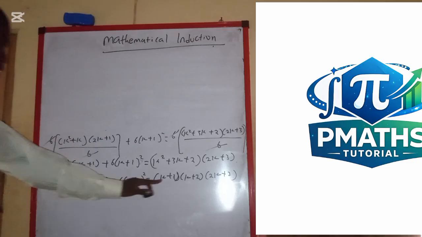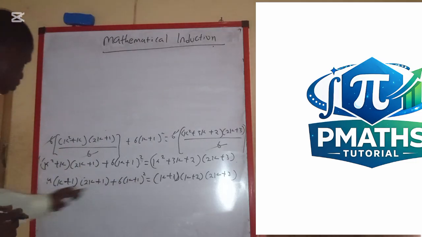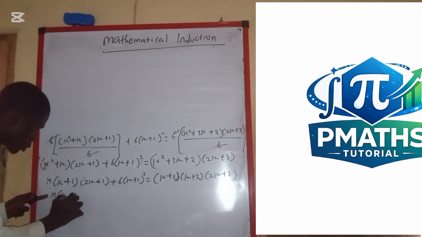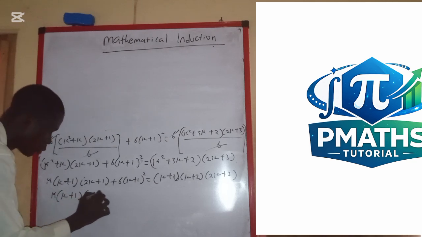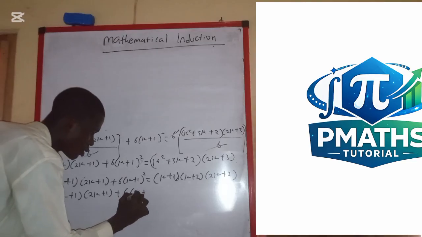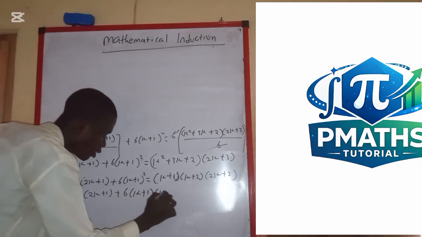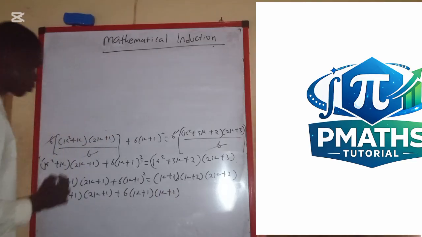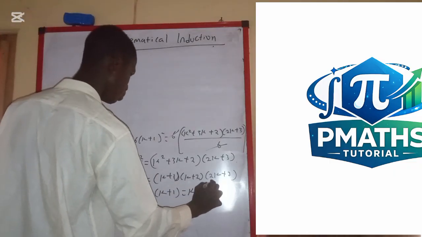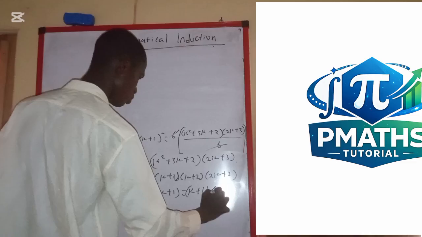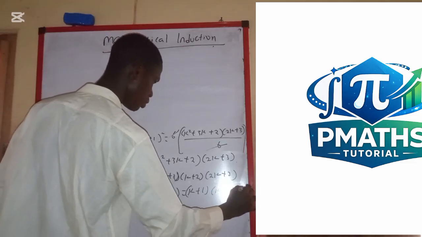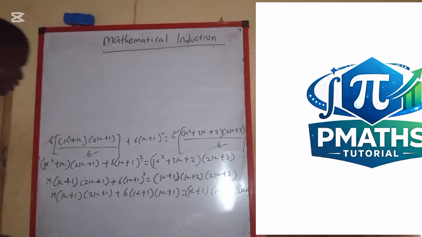This cannot cut out this. So let's just break it down first. That's (k plus 1)(k(2k plus 1) plus 6(k plus 1)) is equal to (k plus 1)(k plus 2)(2k plus 3), right?